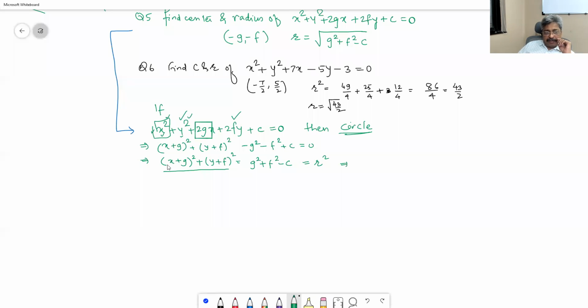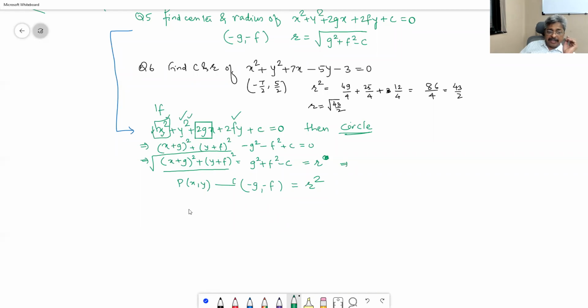The distance of any point P(x, y) in the plane from (-g, -f), call it C, that is, the square of the distance between P and C is the LHS, which is equal to r square, the RHS. If we take square roots on both sides, I get PC equal to r. So this is our definition of a circle.